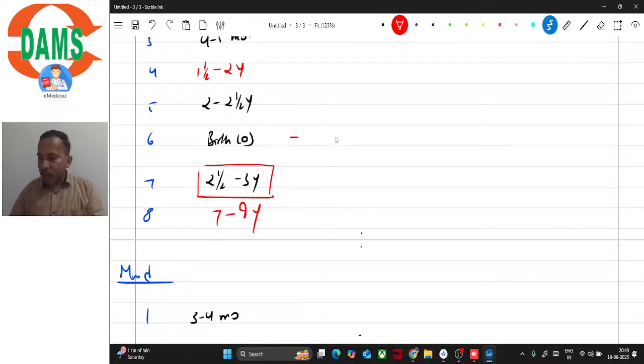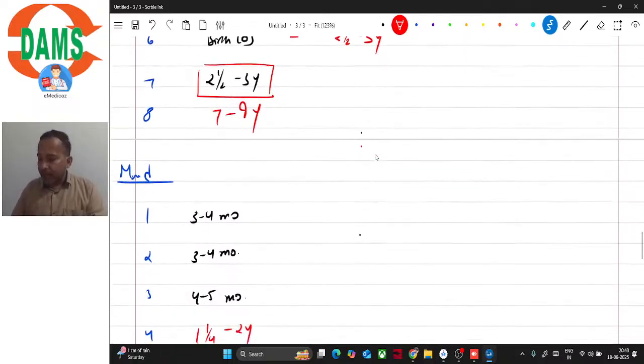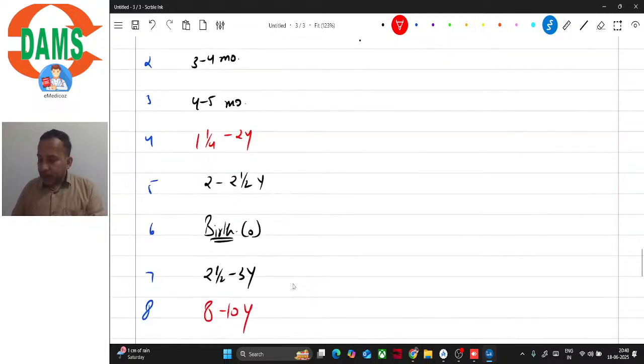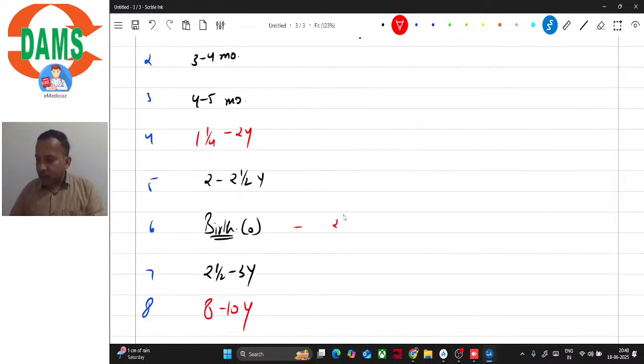So when the second molars initiated, the first molars completed, right? So the first teeth to complete are the maxillary and mandibular first molars, and they will complete in the third year of life when the second molars were initiated. So I hope it's easy to remember. When the second molar initiates, the first molar completes.